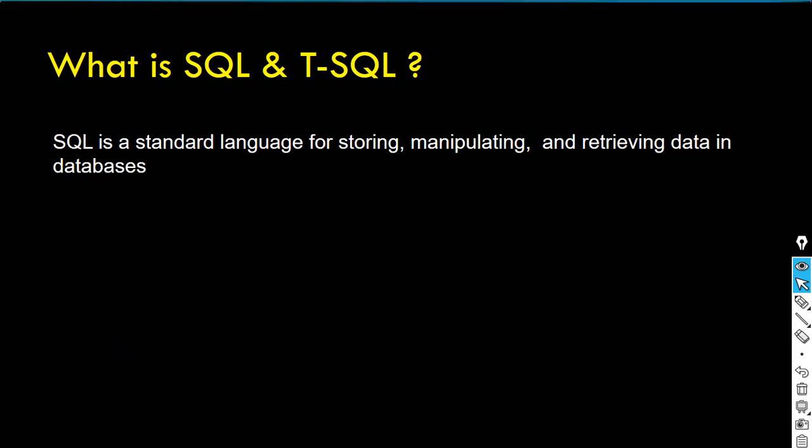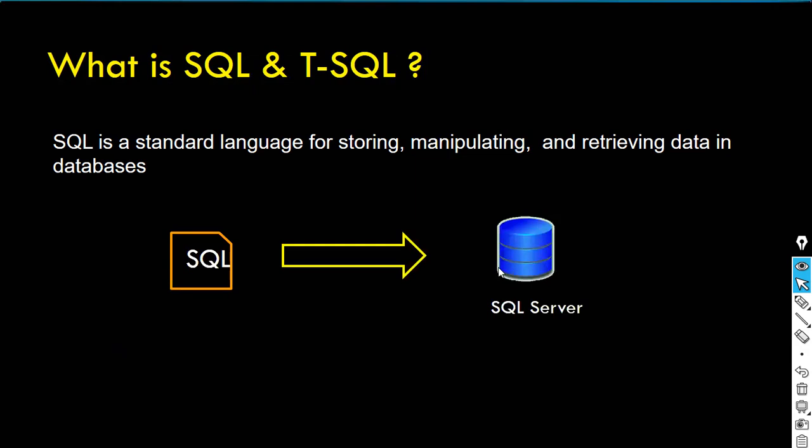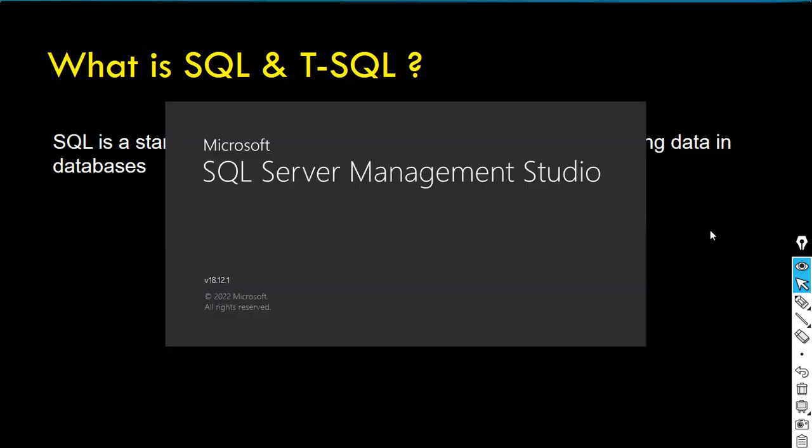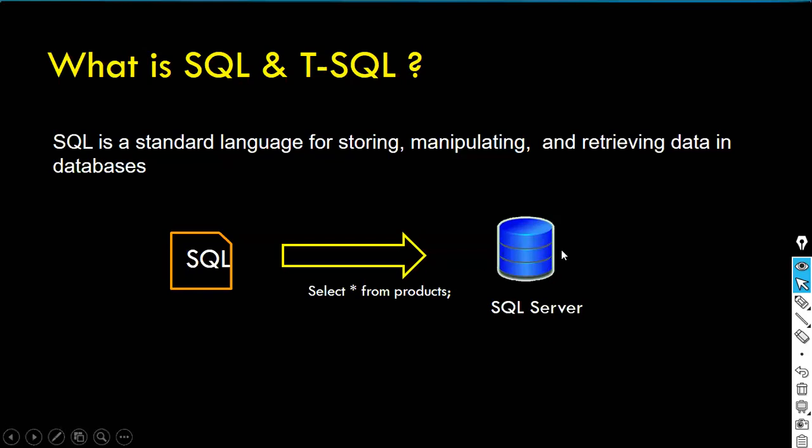Once you store the data, for example, here you have your SQL Server, you have your database in your SQL Server, and in the database you have a table called products, and you want to select the data from the table products. For that, we use a query like select star from the table.